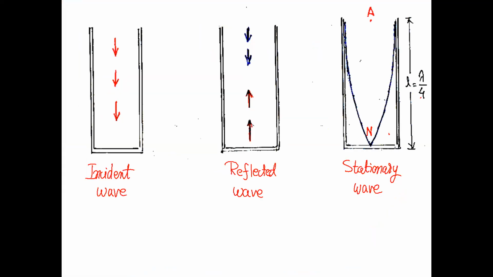In a closed pipe, what happens? The sound waves are coming down, they rebound from the closed end and they superimpose to form a stationary wave.